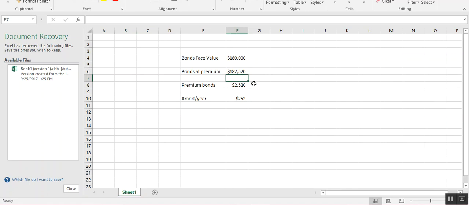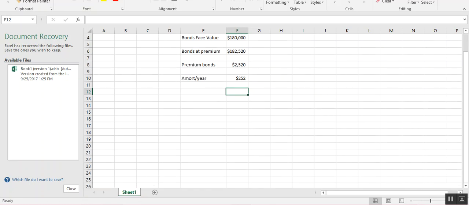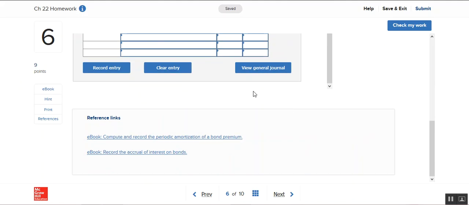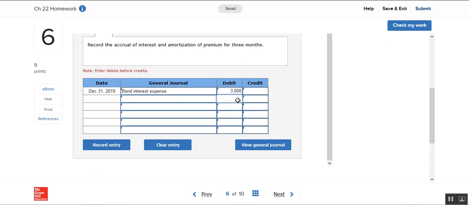So the premium is $2,520. Those are 10-year bonds, so if we divide that by 10, we get an annual amortization of $252. However, we're only working with 3 months, so we need only a fourth of that. 252 divided by 4 is $63. That's the actual amortization for 3 months.